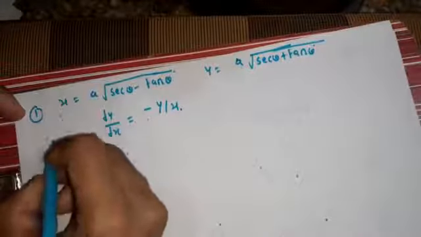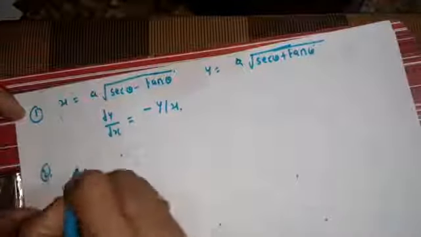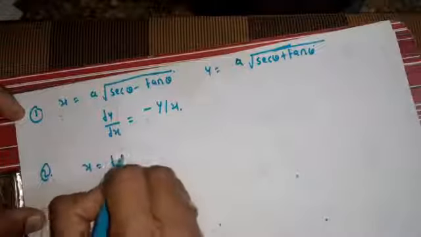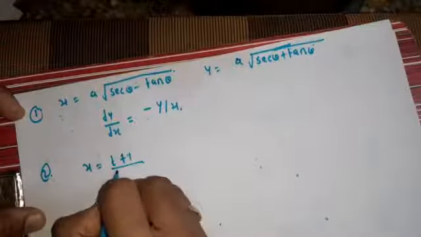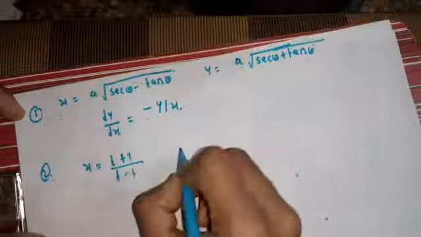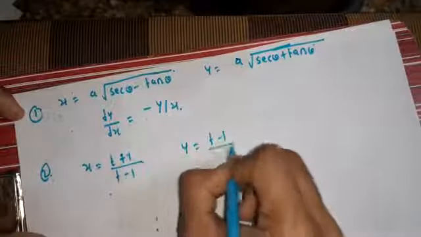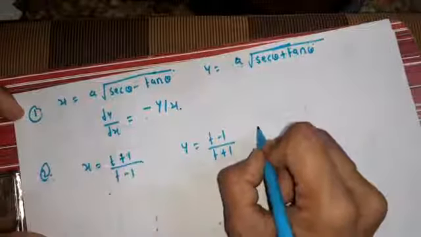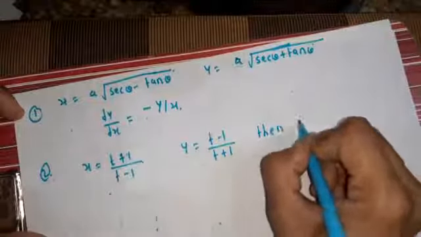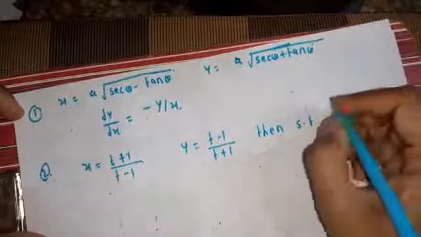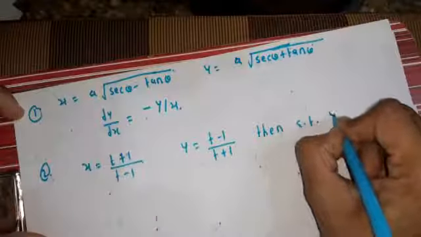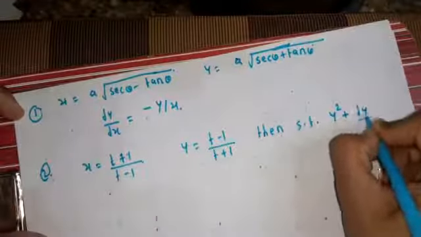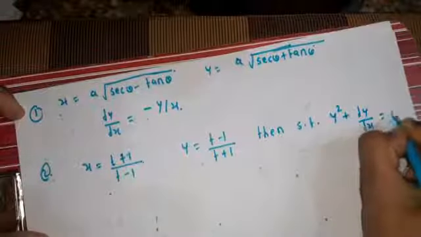Now the second problem: if x equal to t plus 1 upon t minus 1, y equal to t minus 1 upon t plus 1, then show that y square plus dy by dx equal to 0.